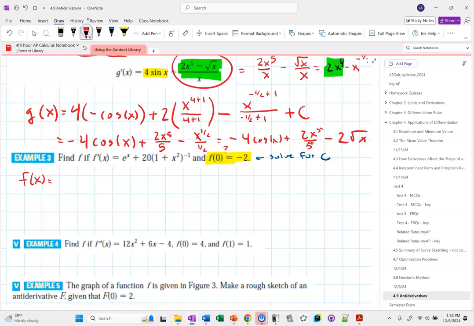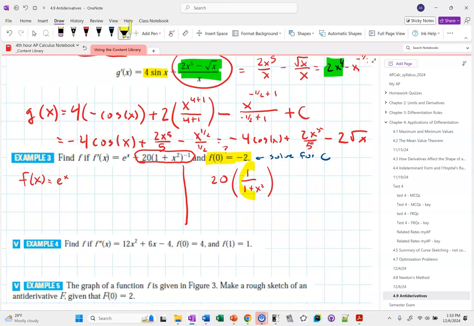All right, let's start doing antiderivatives. So e to the x, what's the antiderivative of that? E to the x, piece of cake. What in God's name am I going to do with that? Everybody's cool?